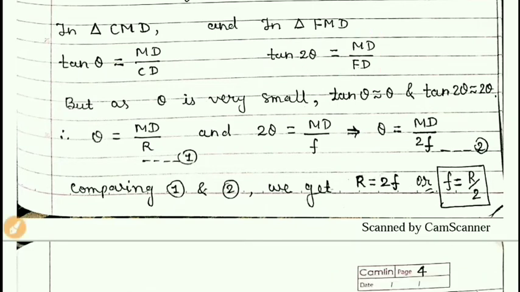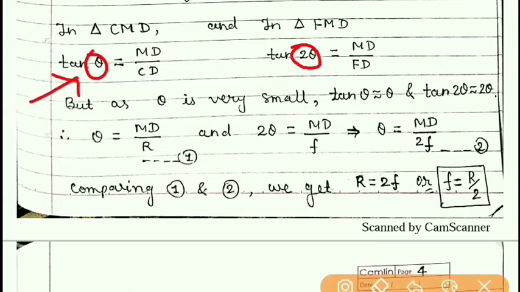Now students, as the rays are considered paraxial rays, the angles formed are very small, and so if the angle is very small, we can write tan theta equal to theta as well as tan 2 theta is equal to 2 theta.